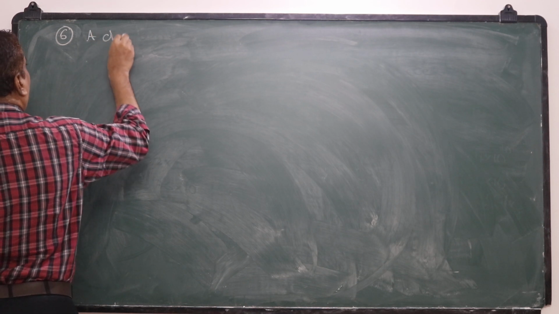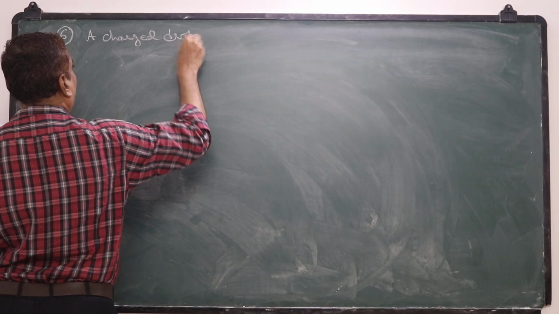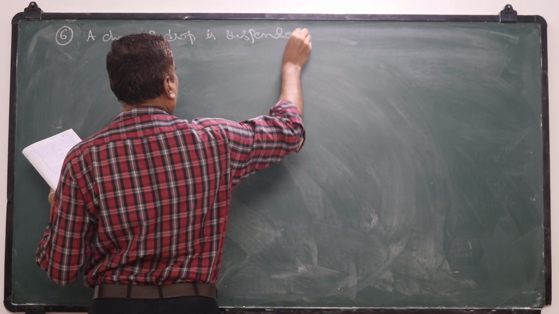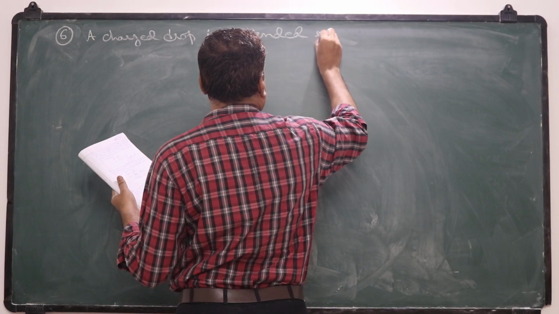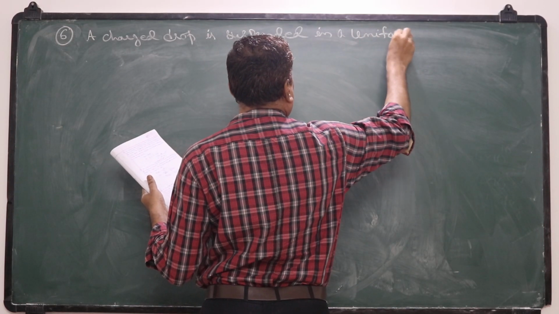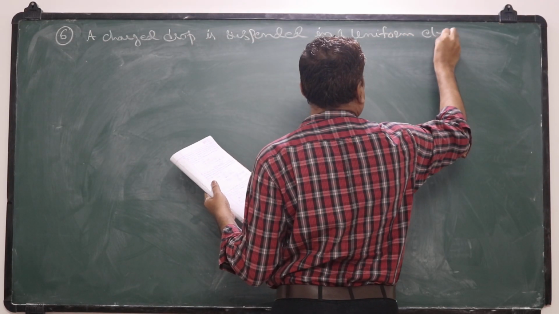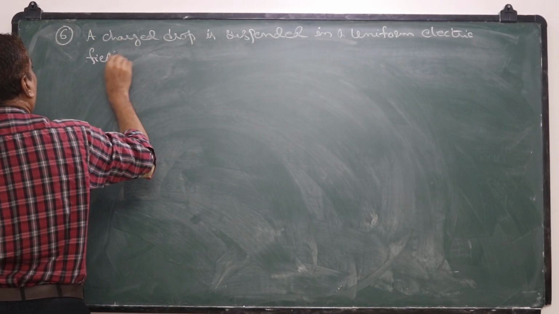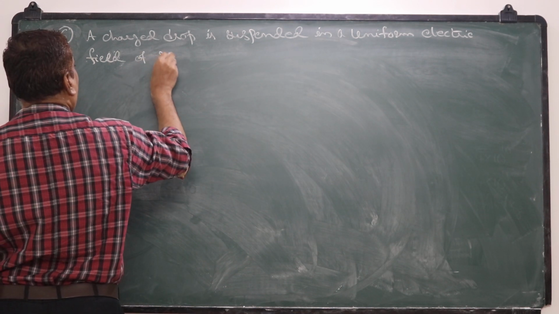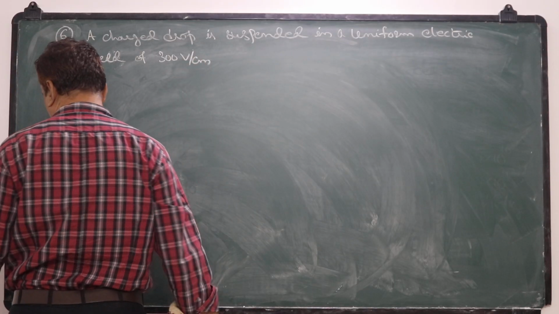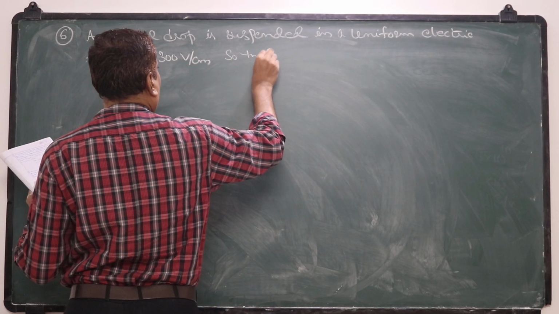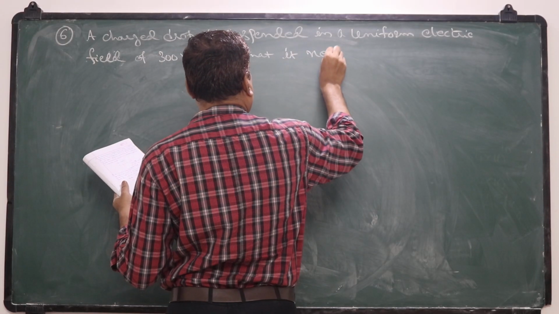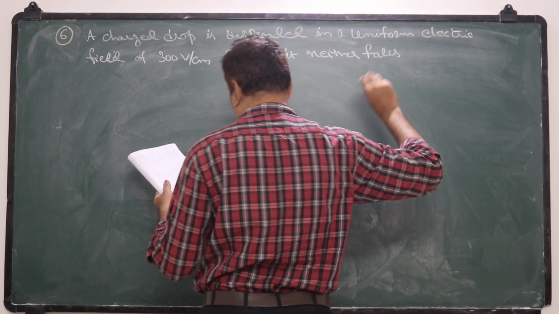Now, a charged drop is suspended in a uniform electric field of 300 volt per centimeter, so that it neither falls nor rises.